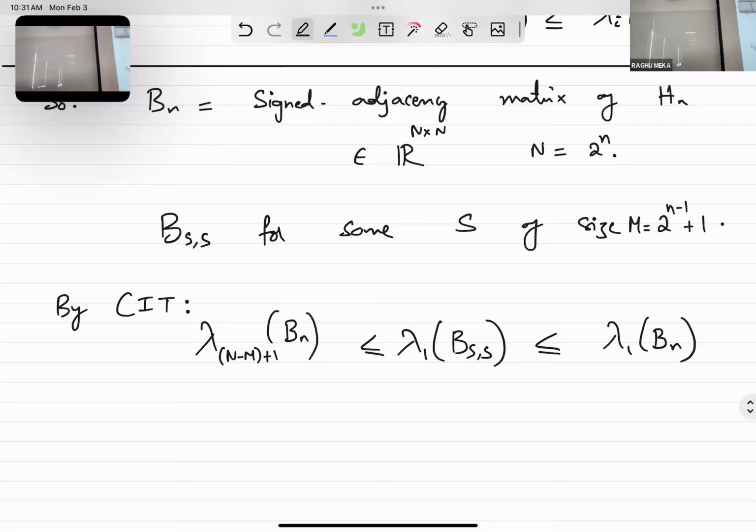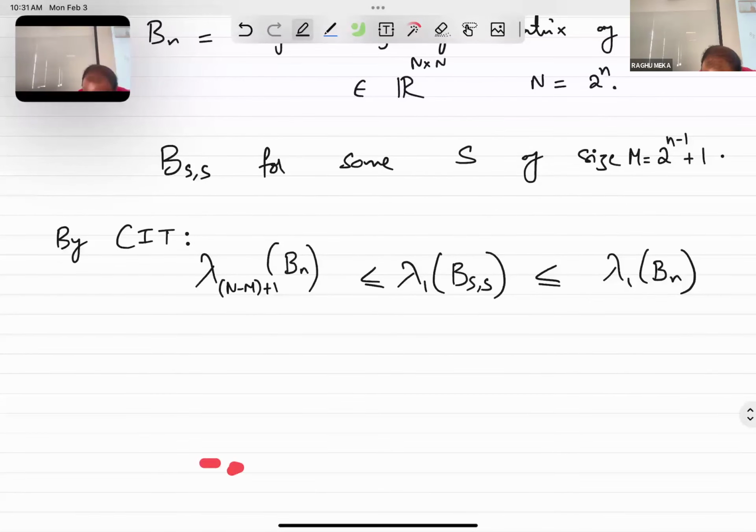But from the graph theoretic statement that we're trying to show, we really care about the lower bound. And the lower bound is also part of the interlacing theorem. So we have some lower bound on eigenvalues. In particular, so this is exactly.